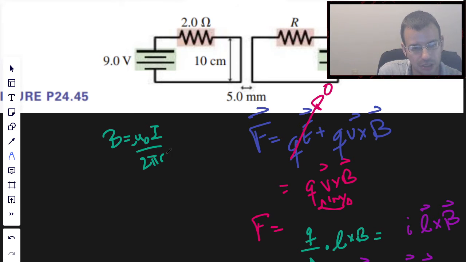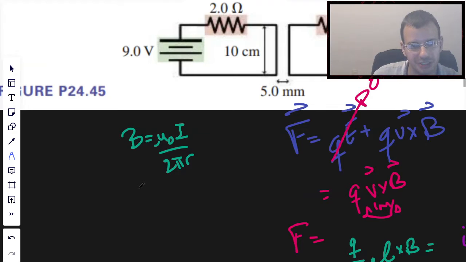It comes from Ampere's law, and it's just something worth memorizing because you'll probably use it a million times. And in this case, we have a voltage and we have a resistance. So current is going to be Ohm's law, V over R. And so we can rewrite this.